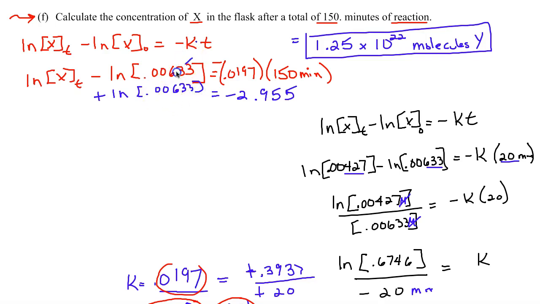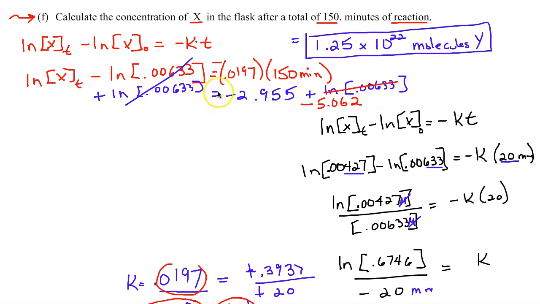And this will be plus the natural log of 0.00633. Let's go find that number. The natural log of 0.00633, and what you get is a negative 5.062.